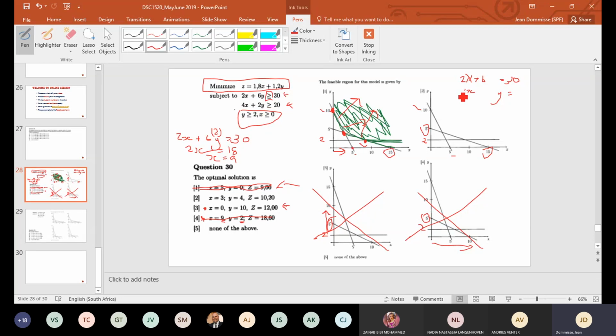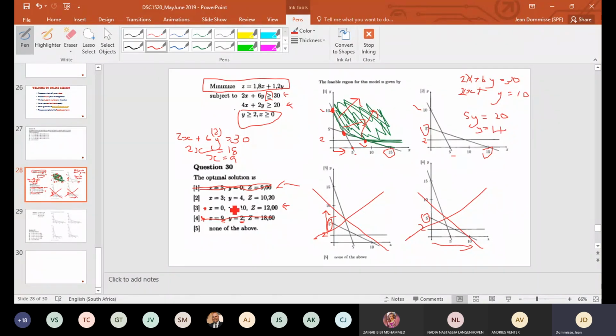So if I divided the second one by 2, I would have gotten 2x plus y equal to 10. The top one was still, now I can say, basically if I subtract the one from the other one, the x's will fall away. 6y minus y will be 5y. 30 minus 10 will be 20. So y will be equal to 4.